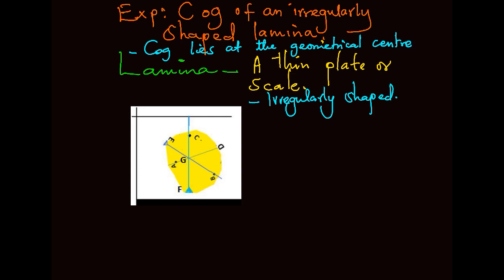To determine its center of gravity, we need a plumb line, we need a retort stand, and we need the lamina itself.